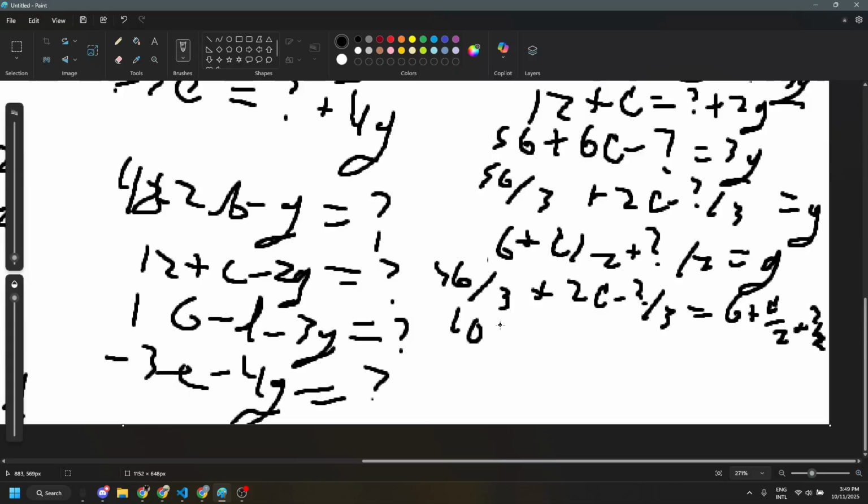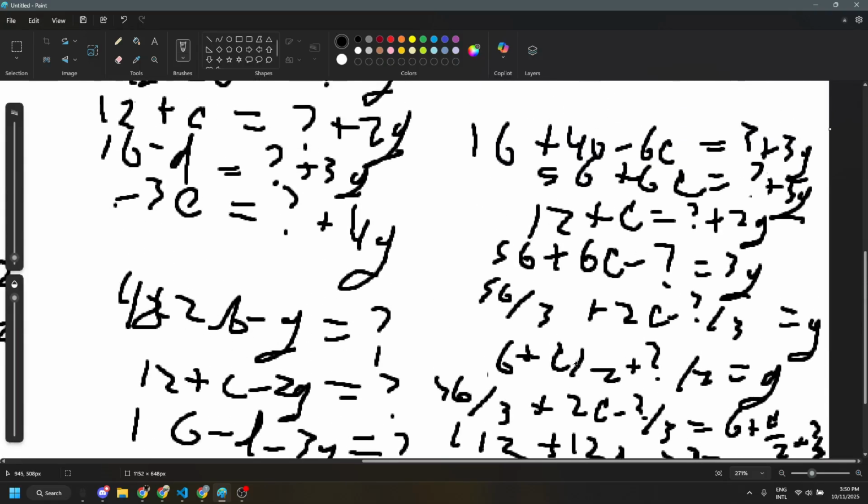So then we get 112 plus 12c minus 2 question mark is equal to 36 plus 3c plus 3 question mark. But should it be? It should be minus.